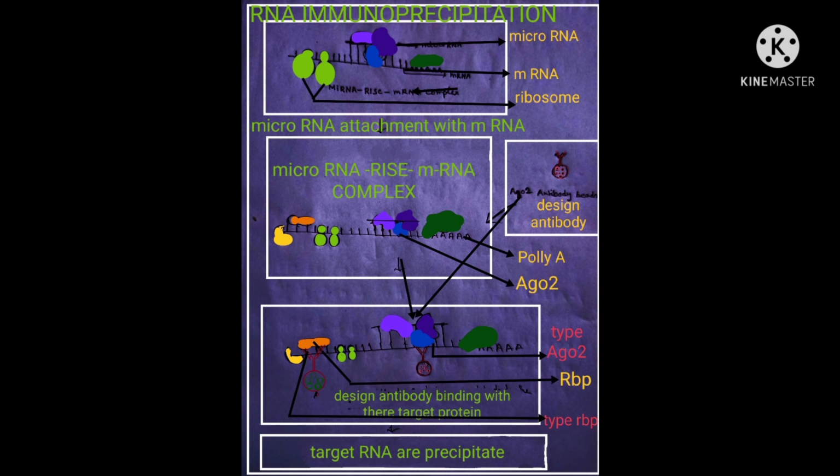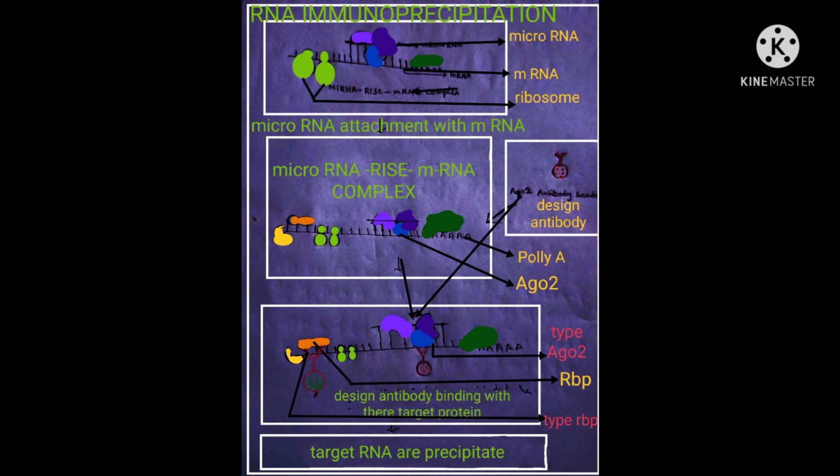On the other side, messenger RNA has an RBPX protein at a ribosome-related site. For this RBPX protein of interest, we design an antibody, anti-RBPX antibody, and anti-RBPX bead. This anti-RBPX antibody and anti-RBPX bead bind with each other and form an anti-RBPX antibody-bead complex.